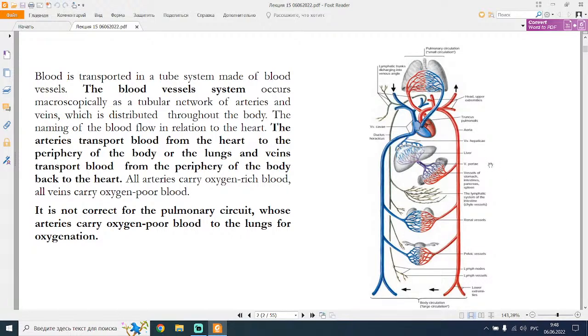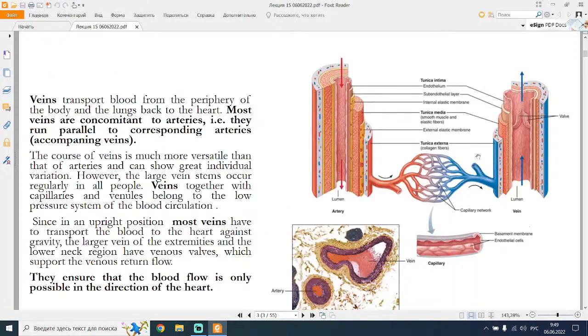The arteries transport blood from the heart to the periphery of the body or lungs, and veins transport blood from the periphery of the body and the lungs back to the heart.